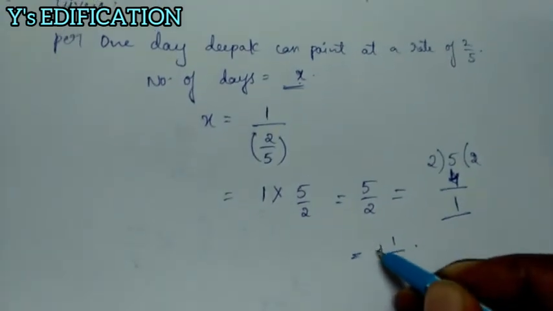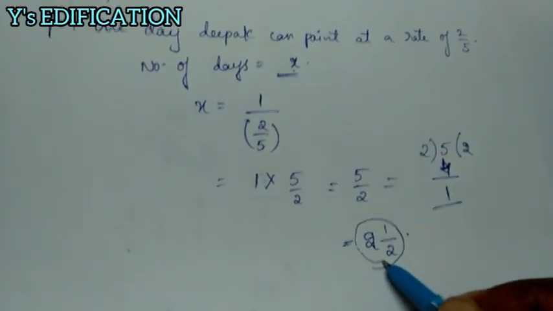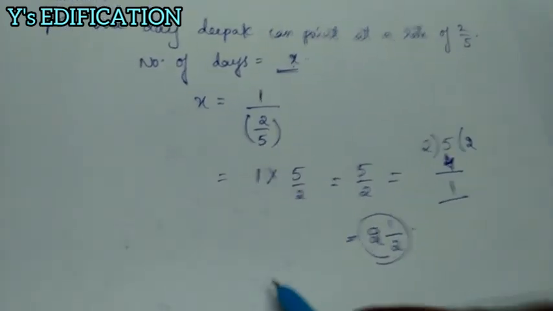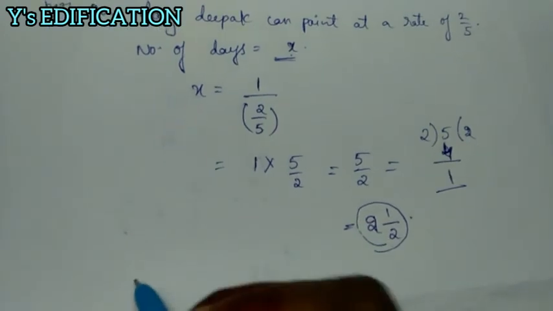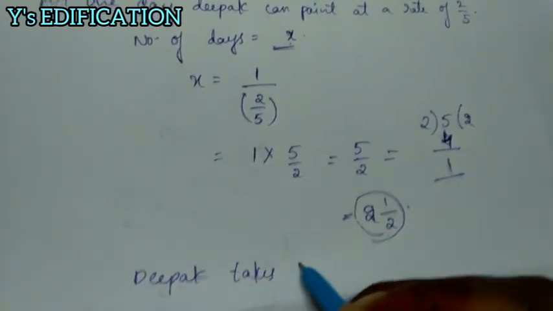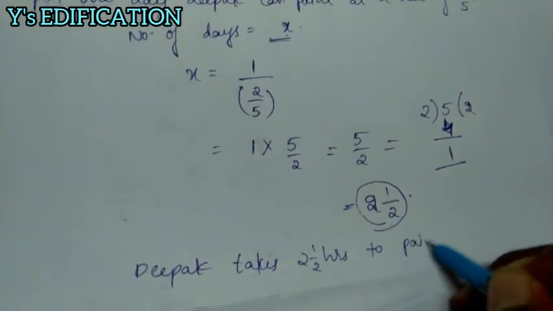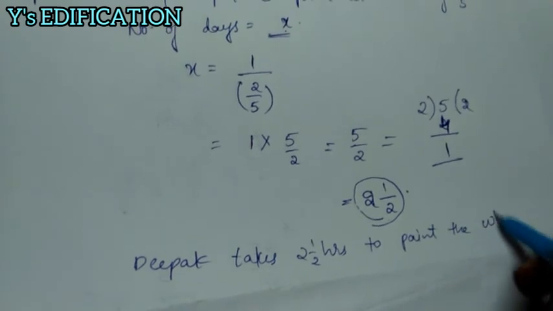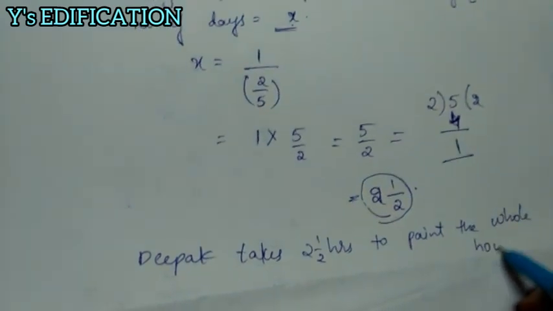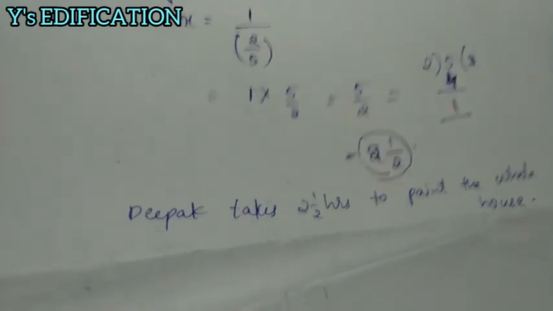So 2, 1 by 2. So Deepak will take 2.5 days to complete the whole house.